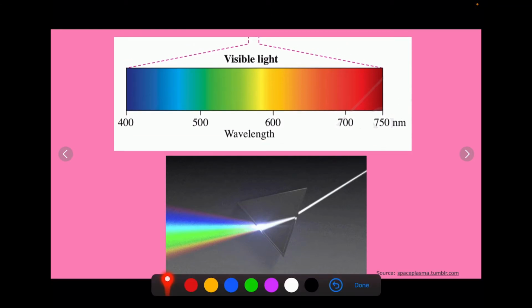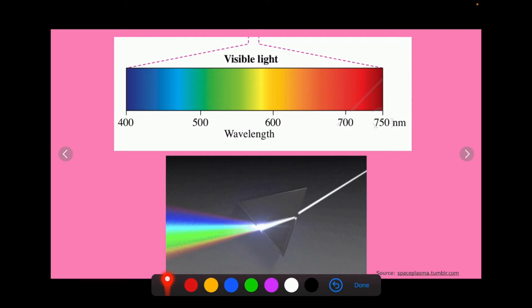And then in the spectrum, there is also a narrow portion of waves which is known as visible light. It ranges from 400 nanometers to 750 nanometers. Again, this is also a continuous spectrum, which means we cannot see any gap or breakup between any two colors.